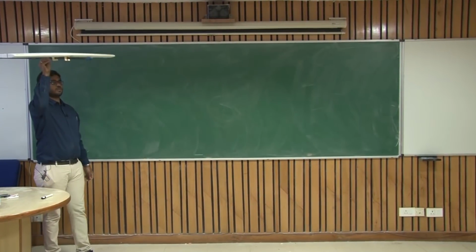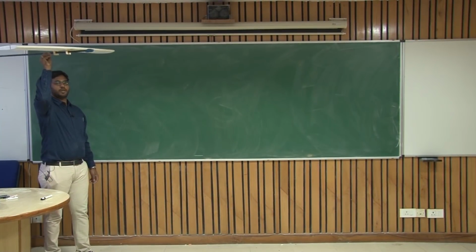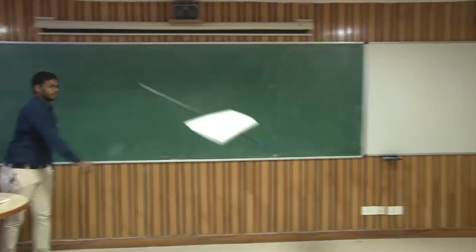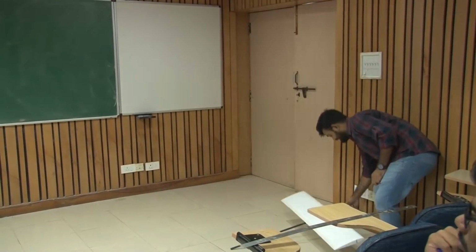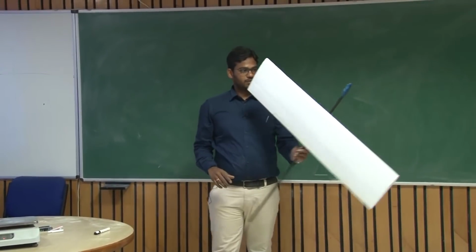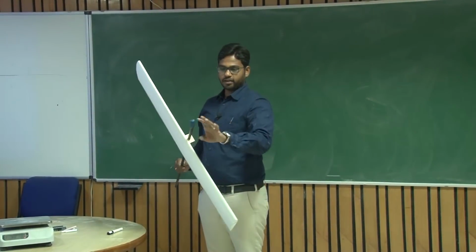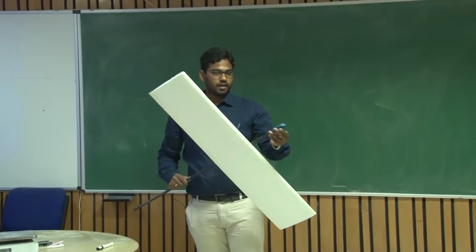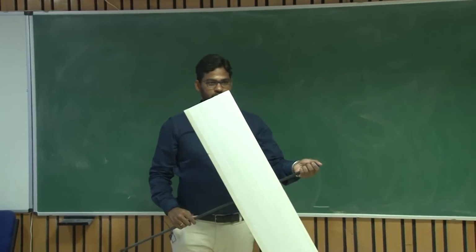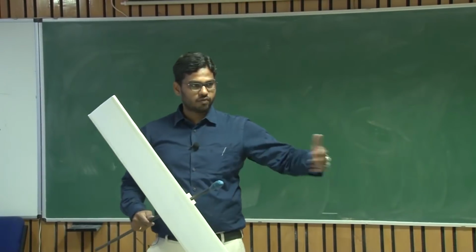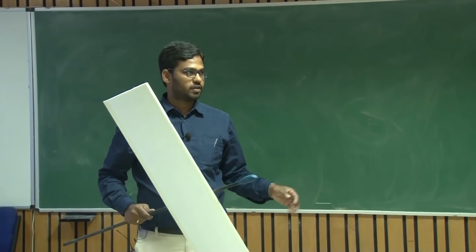Now let us see how it's going to fly. Should I throw it? So it's better, right? As soon as I add this molding clay, it started gliding. It's not flipping the way it behaved in the first case.